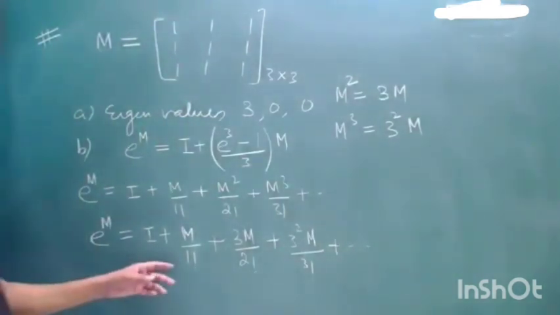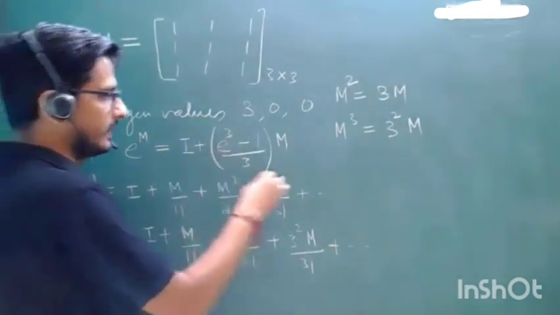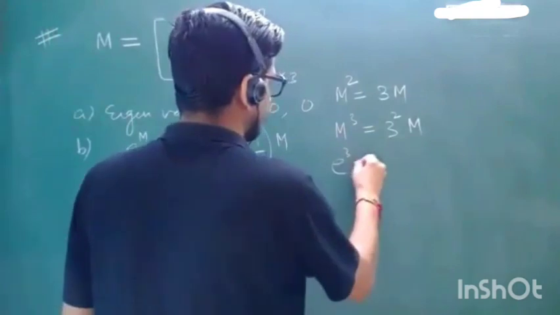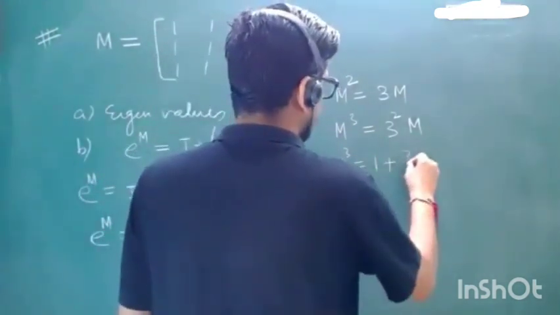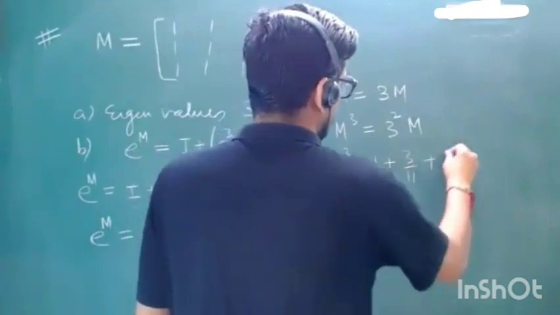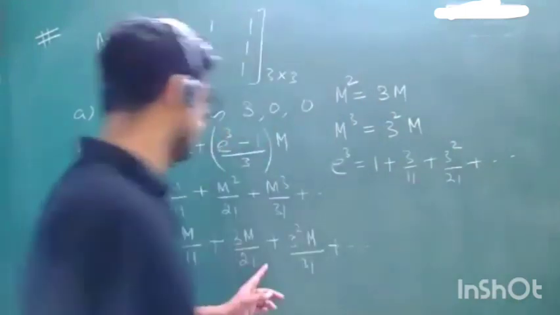Now you can see that you need a series of e to the power 3. So what will be e to the power 3? It will be 1 plus 3 upon 1 factorial plus 3 square upon 2 factorial plus dash dash dash.